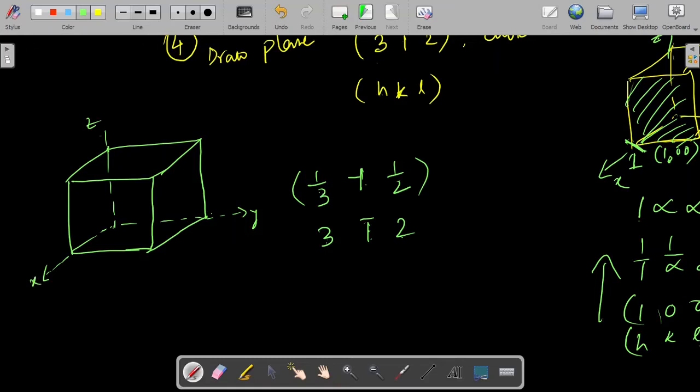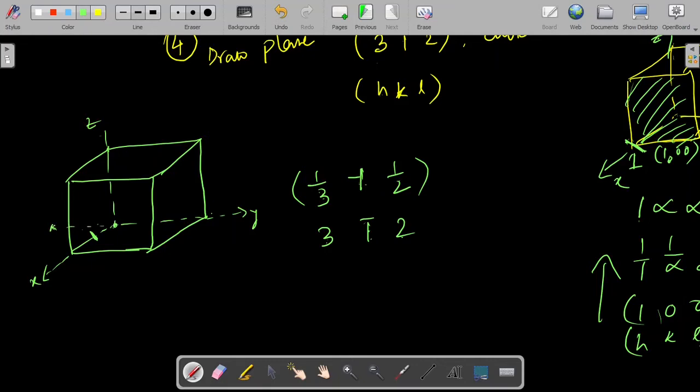X intercept is 1 over 3, so you can come here, that's one intercept. Y intercept is minus 1, so in this direction it's positive, if you consider this to be your origin. In this direction positive, so minus 1 would be somewhere here on the back side, on the left hand side.